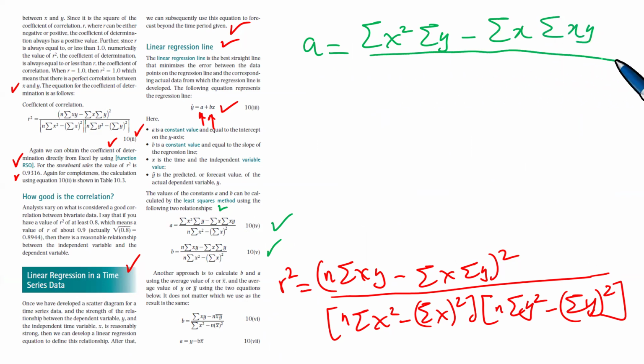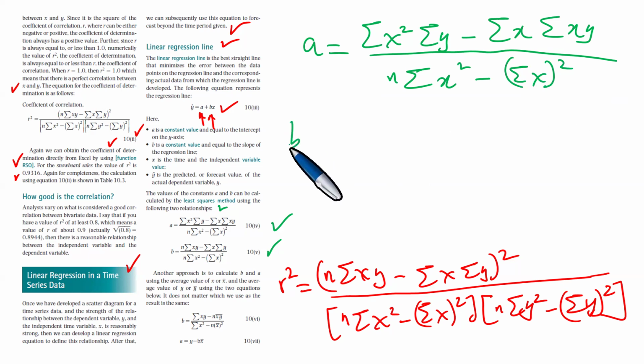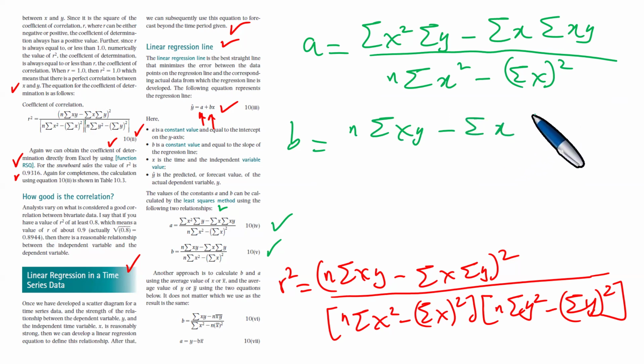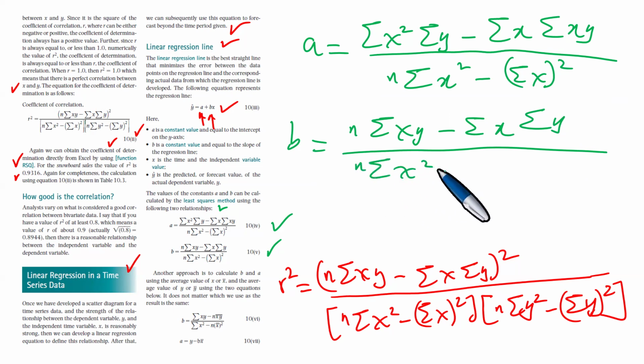You don't need to memorize a lot of this; your calculator can mostly do it and give you the numerical values: the sum of xy, the sum of x, the sum of y divided by n, the sum of x squared, and the sum of x, which you square.